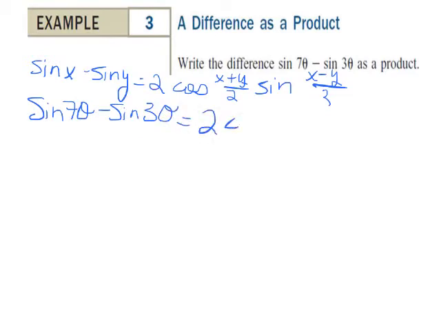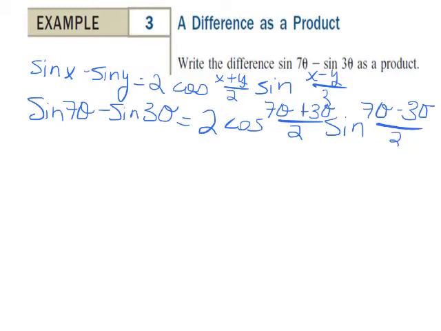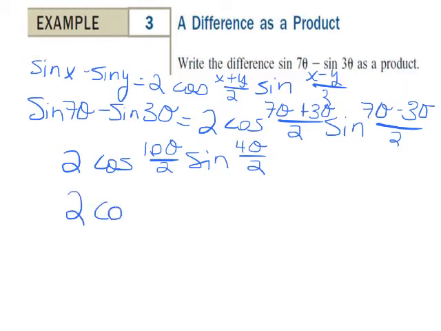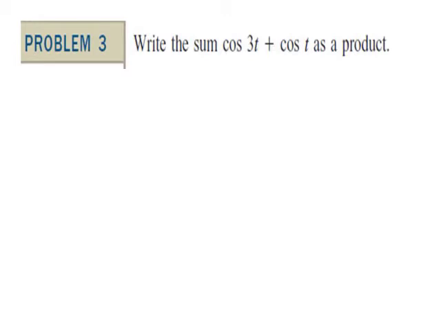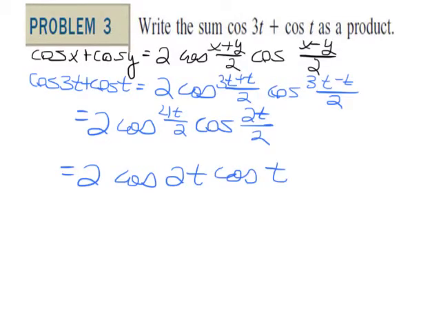So we're going to replace our variables: 2 cosine 7 theta plus 3 theta all over 2, sine 7 theta minus 3 theta all over 2. So we've got 2 cosine 10 theta over 2, sine 4 theta over 2. So our final answer when we reduce is going to be 2 cosine 5 theta sine 2 theta. Okay, it's your turn. Go ahead and pause. Here's the answer. Let's move on.